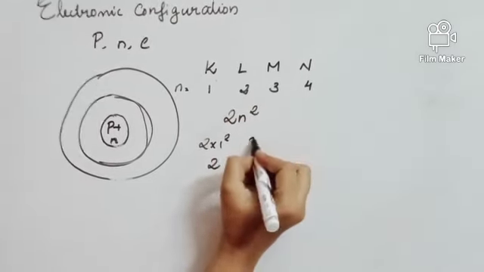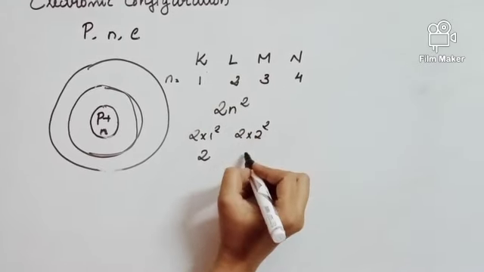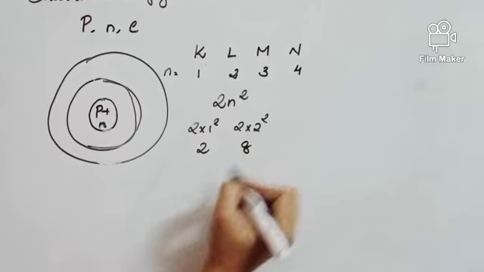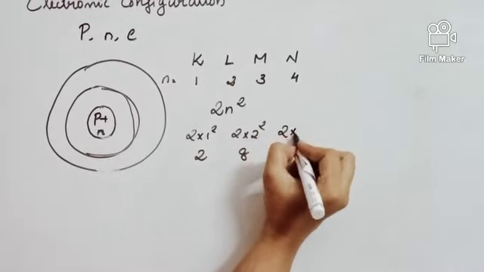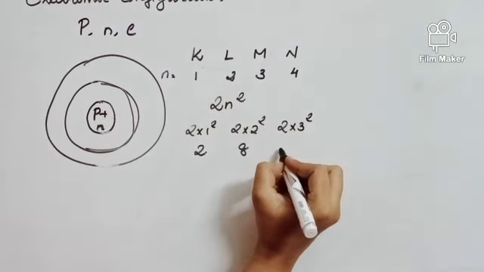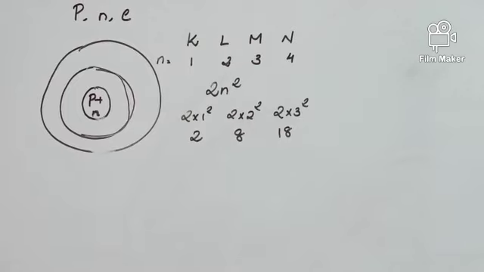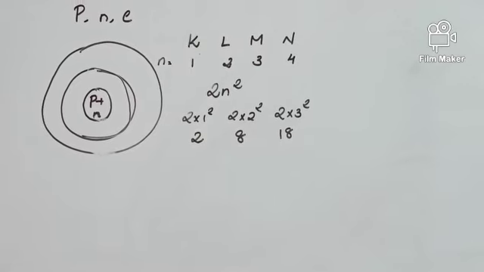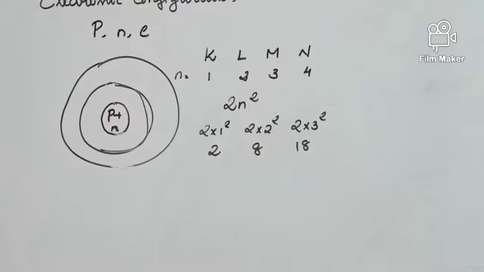L shell: 2 into n value 2 square, that is 4 into 2, that is 8 electrons. M shell: n value 3, therefore 2 into 3 square equals 18. In this manner, each orbit around the nucleus can hold only a specific number of electrons.